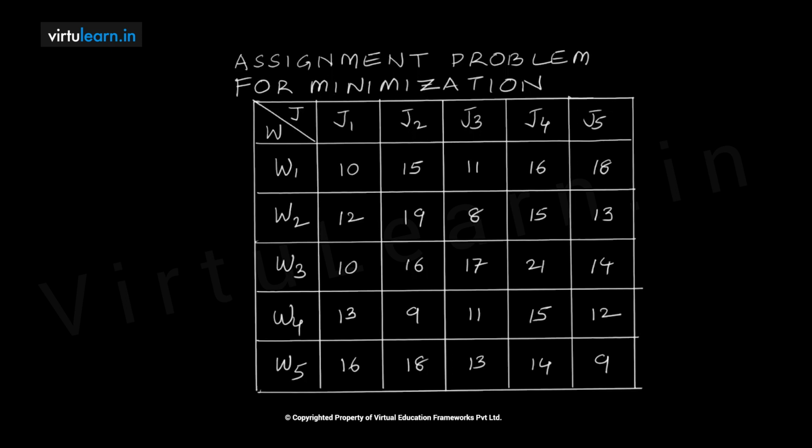W1 takes 10 hours to complete job 1, 15 hours for job 2, 11 hours for job 3, 16 hours for job 4, and 18 hours for job 5. Similarly, for worker 2 the timings are 12, 19, 8, 15, 13. For worker 3: 10, 16, 17, 21, 14.